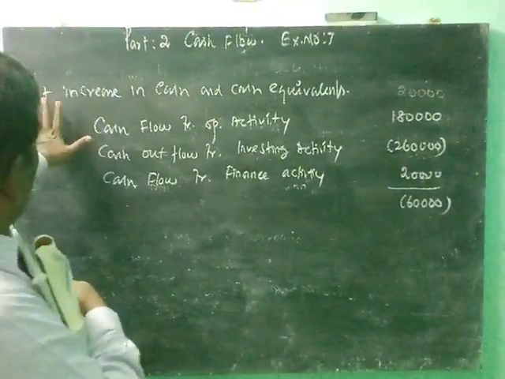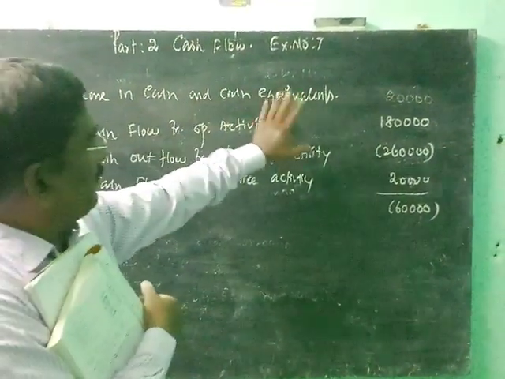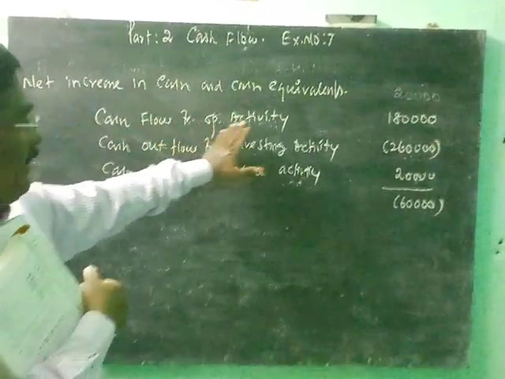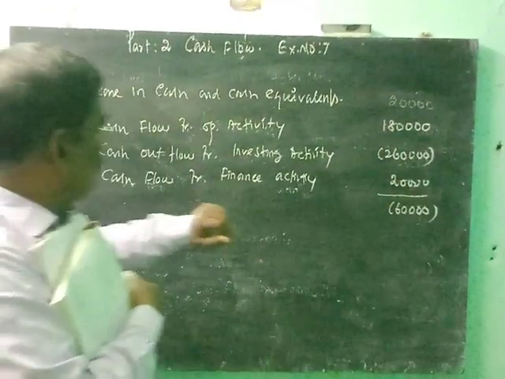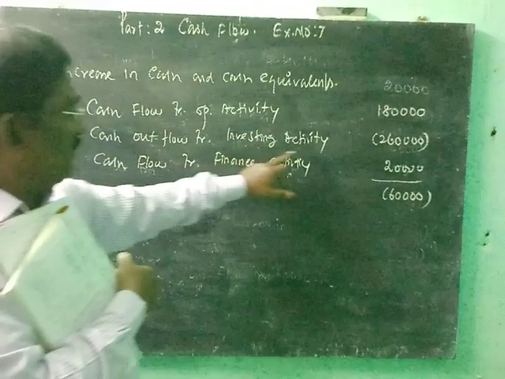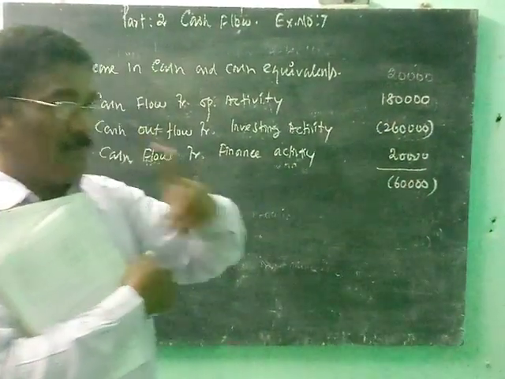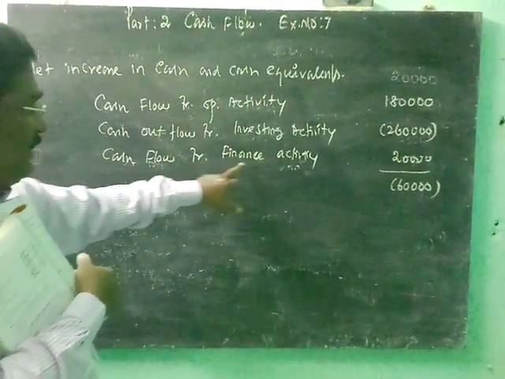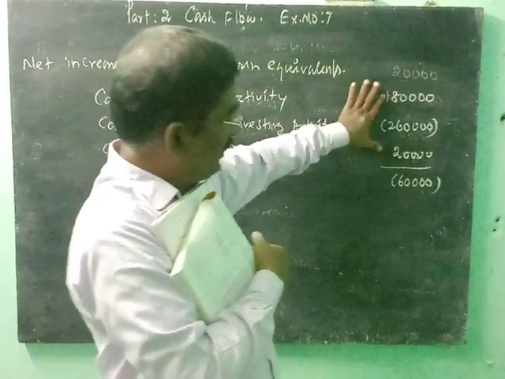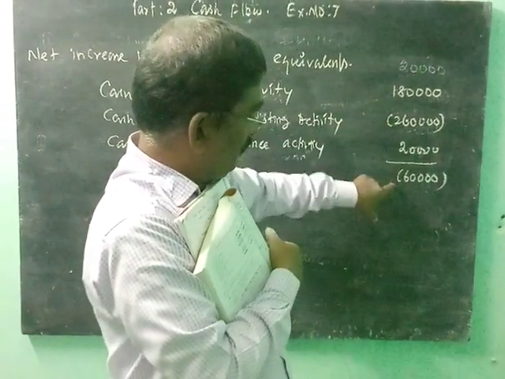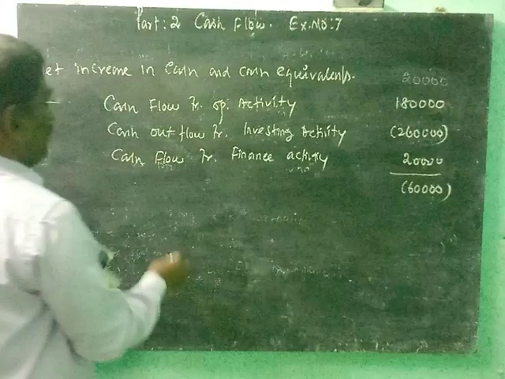So the net increase in cash and cash equivalent. Cash flow from operating activity, Roman numeral 1, 1,80,000. Cash outflow from investing activity, Roman numeral 2, 2,60,000, minus cash flow from financing activity 20,000 negative. So 2 negative, 2 positive, 1 negative, remaining 60,000 in negative.